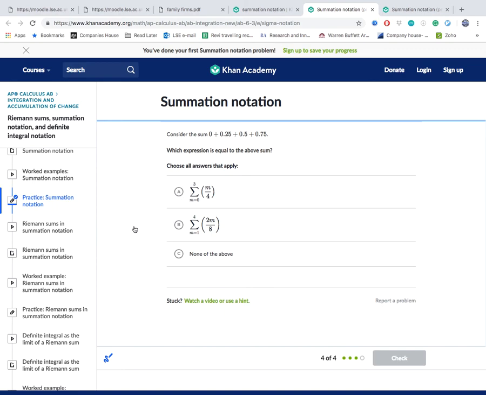Okay, see if you can do it in your own head. Ten seconds, we'll take a poll whether it's A, B, or C. How many of you think that it is A?